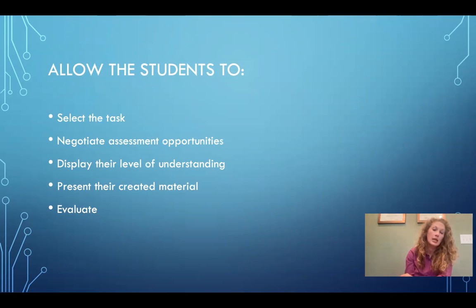Will there be an opportunity for them to self-analyze, for them to maybe defend their choices and reiterate why they went through that process, and maybe to expand if we just don't quite understand the outcome? So just giving them the opportunity to display their level of understanding and present their created material, there can be some wiggle room with the evaluation process.